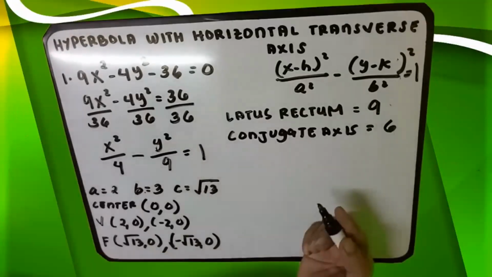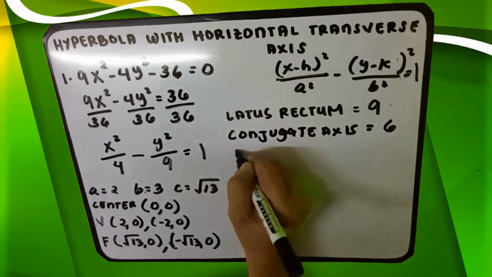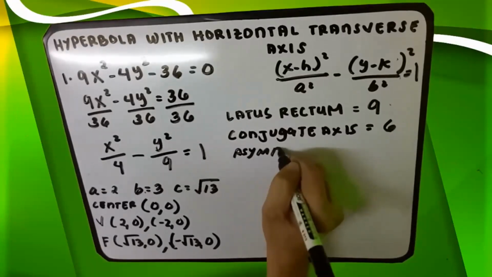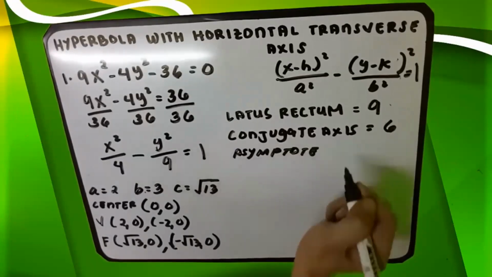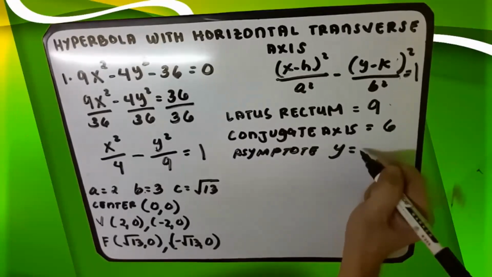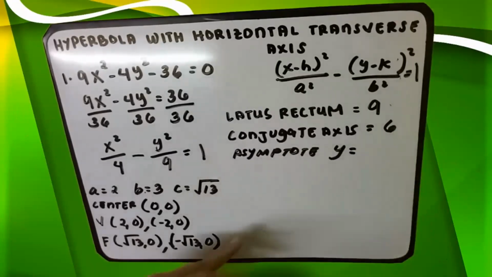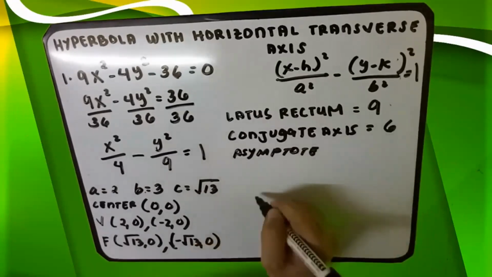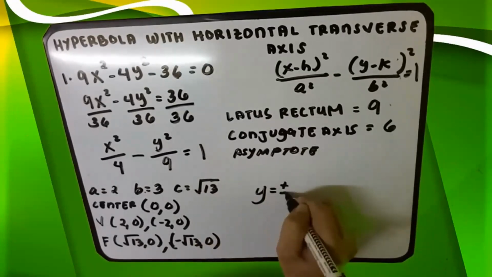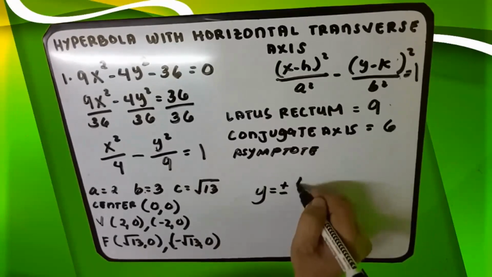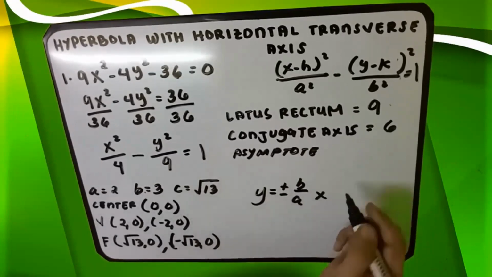Next, equation of the asymptote. So that is y equals, so y equals plus minus b over a x.